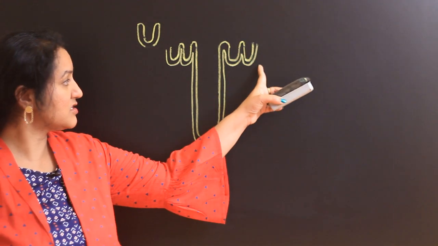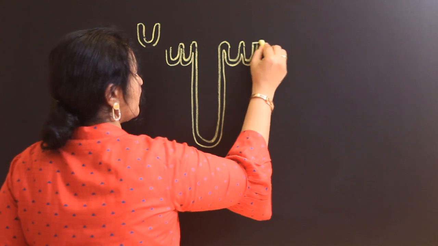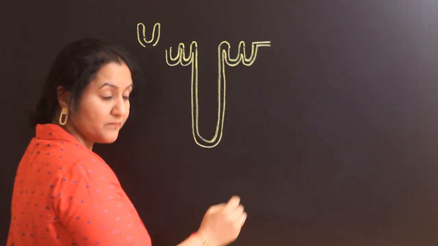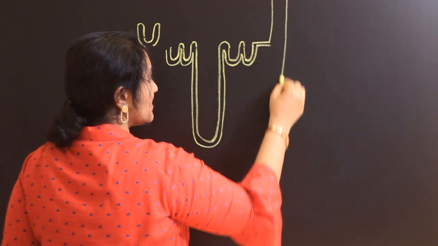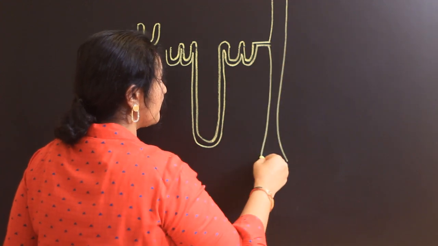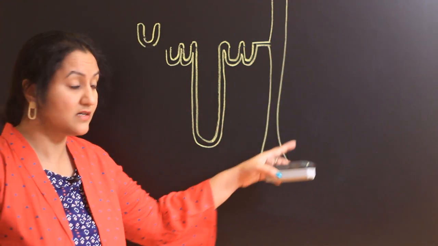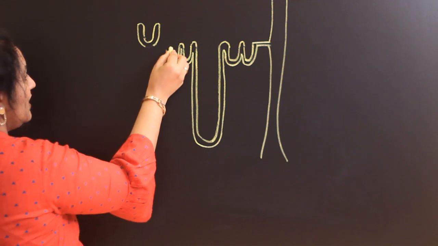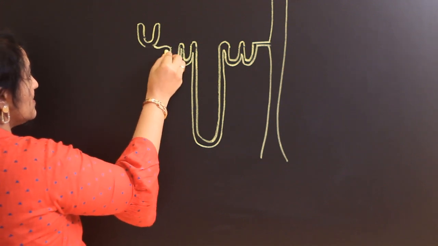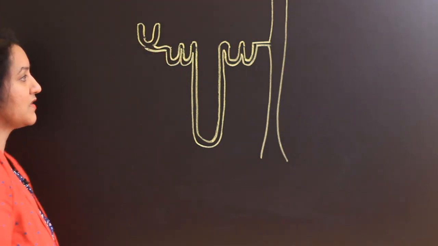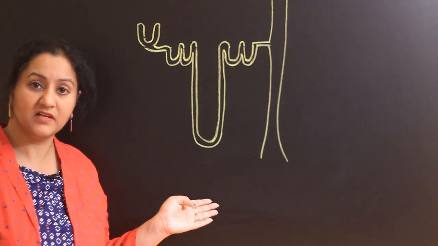Now this end will meet a stem. So this is a stem, which is actually the collecting duct. Link these tubes here. This is the basic structure of a nephron.